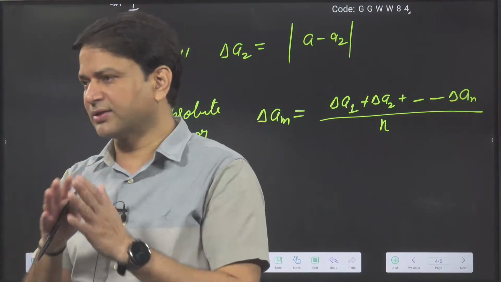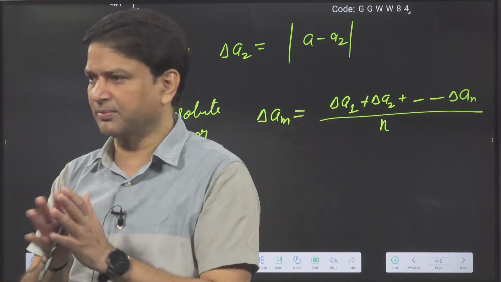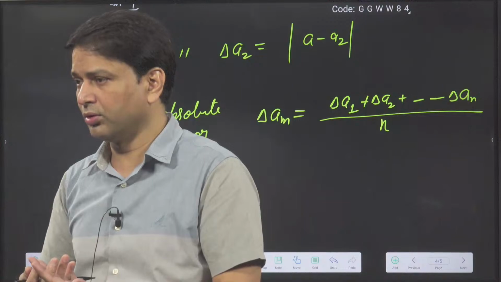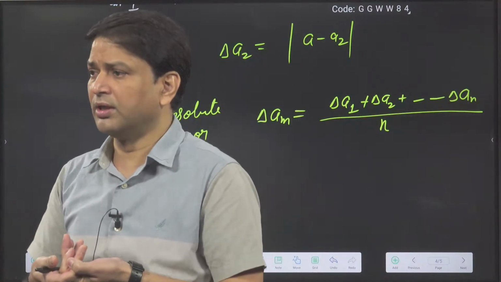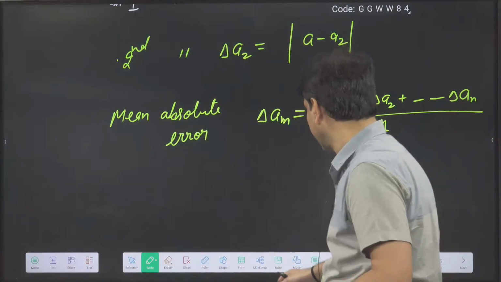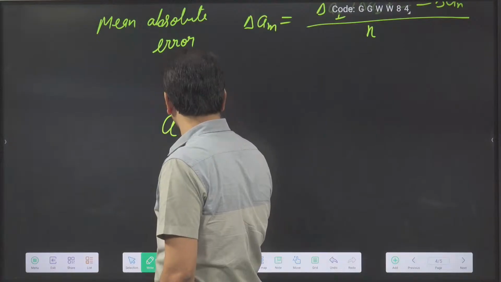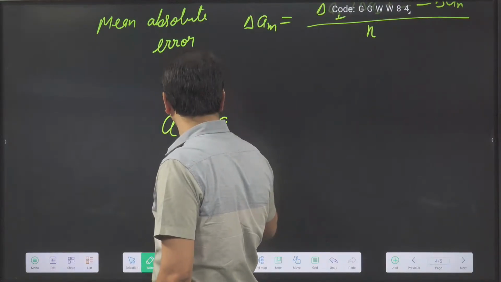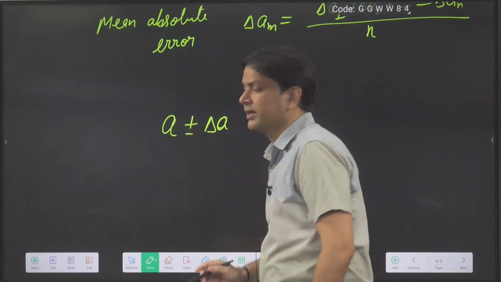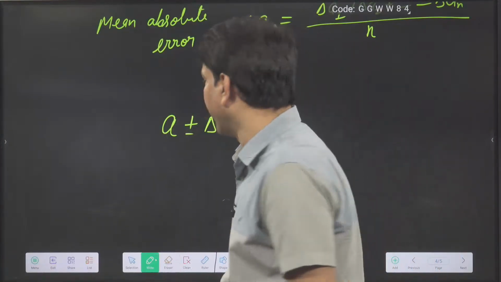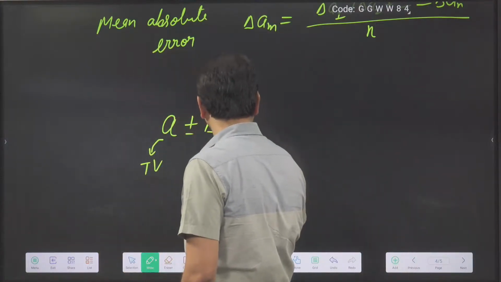You have done an experiment, taken n observations, and by the observations got some value that you take as the true value, but you don't know whether it is more than actual or less than actual. That's why we always write error this way. Suppose the quantity is A; we write A plus minus delta A, where A we take as the true value and delta A as the error.